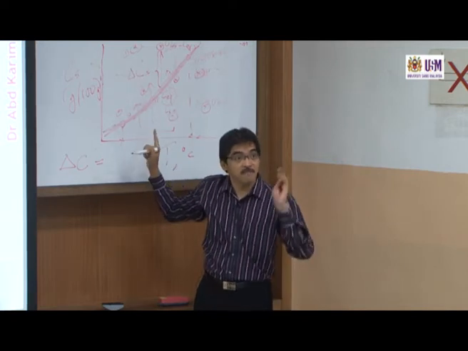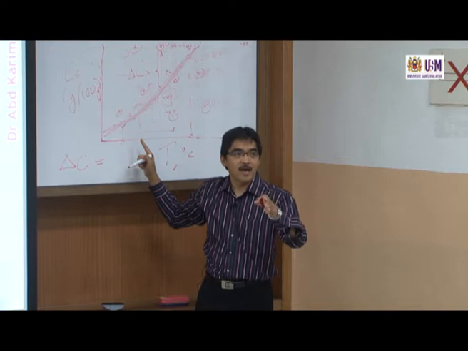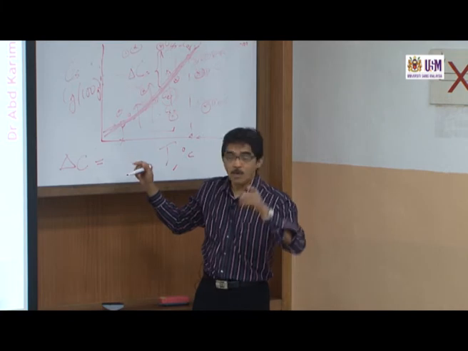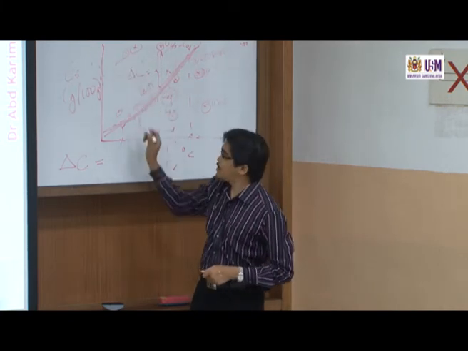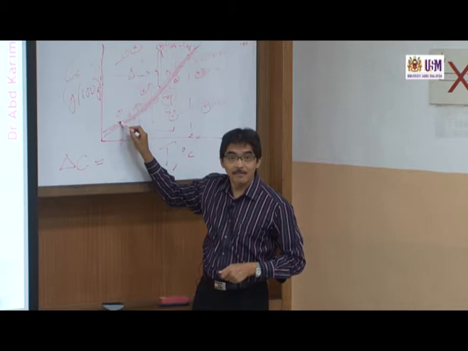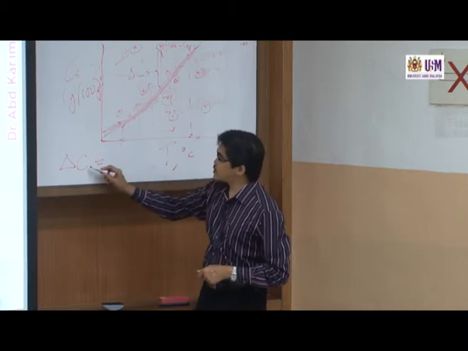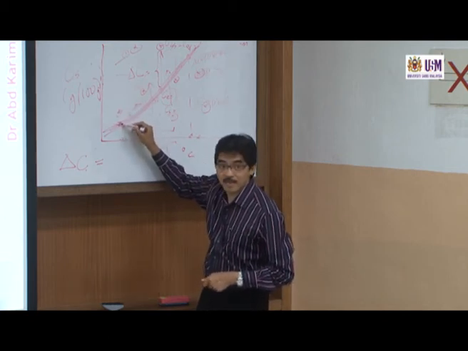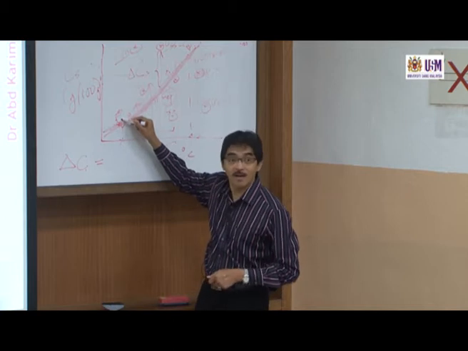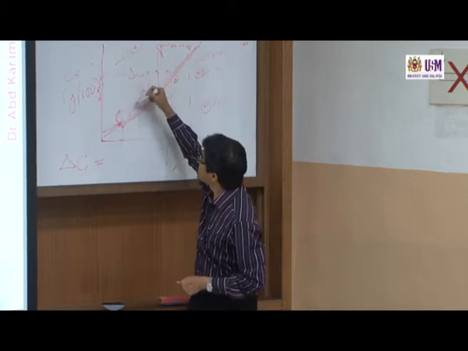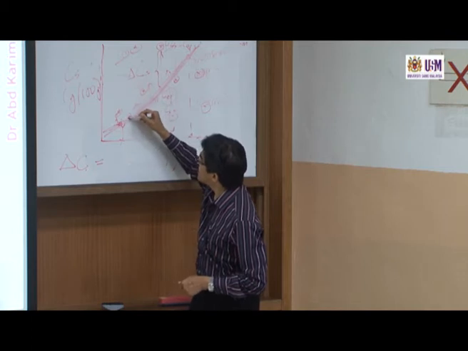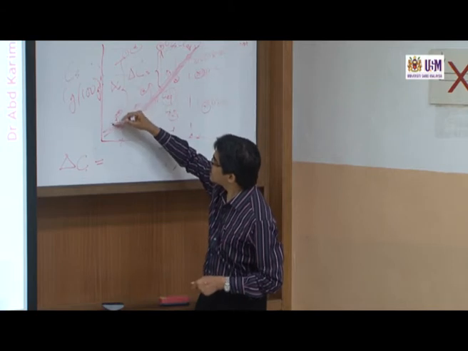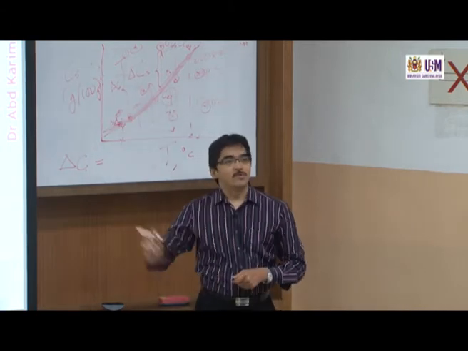That means the driving force to start the crystallization or nucleation would be higher here compared to here. Because delta C, the difference between this point and the equilibrium line, is small here, while here delta C is bigger, right?